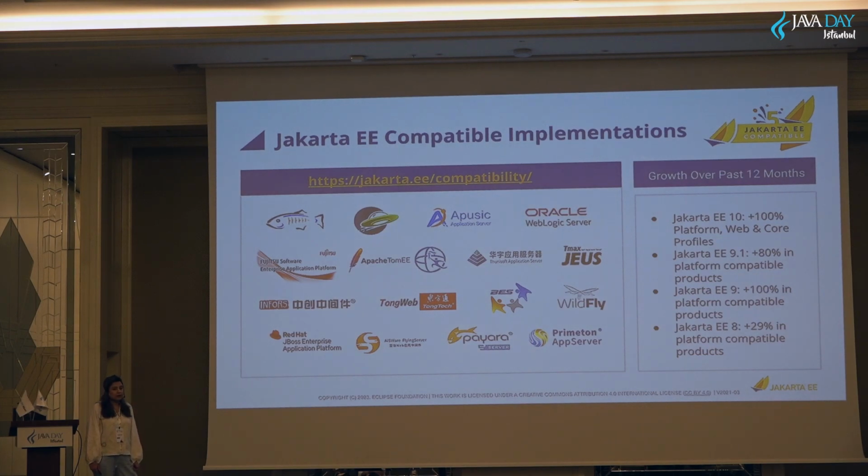So another success and great thing to celebrate is the compatibility program. Since Java EE, which is 10 years ago, we never had compatible implementations and companies involved flatline or even decline. But right now with Jakarta EE, we're seeing an increased number of compatible implementations.